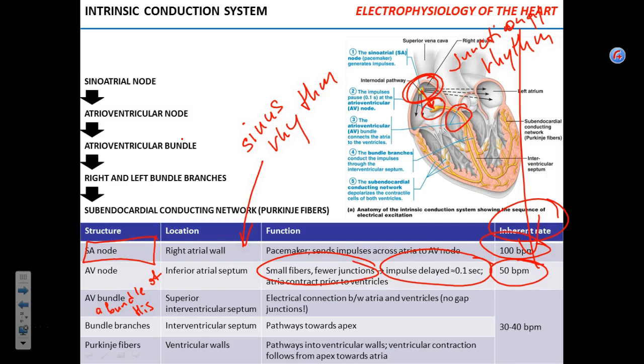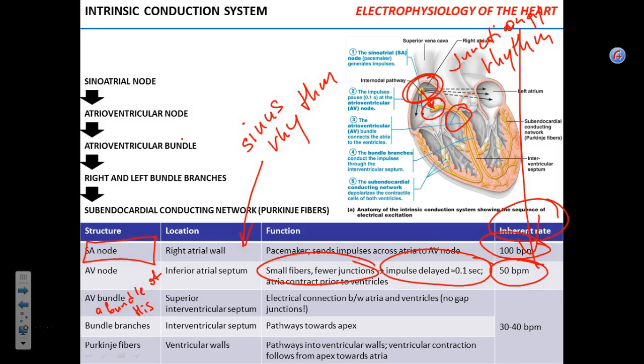If there are gap junctions between atria and ventricles, atrial depolarization and contraction will be followed almost immediately by ventricular contraction. You wouldn't have that pause, atria, ventricle, atria, ventricle. What you would have is something like this. Does that make sense?